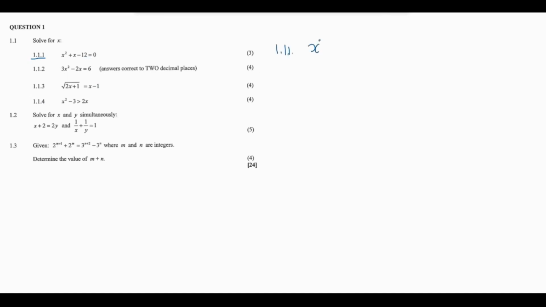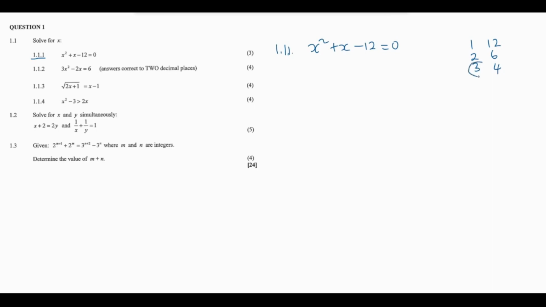Right, so if x squared plus x minus 12 is equal to 0, what do we do? We look for the factors of negative 12 that will give us positive 1, the coefficient of x, when we add them. Let's look at the factors of 12. 1 will go with 12, 2 will go with 6, 3 will go with 4. So which factors can give us a 1 here?